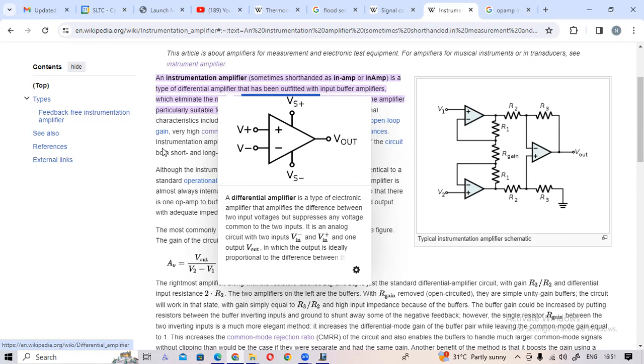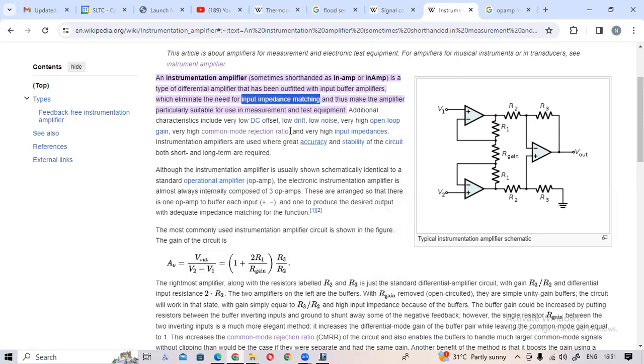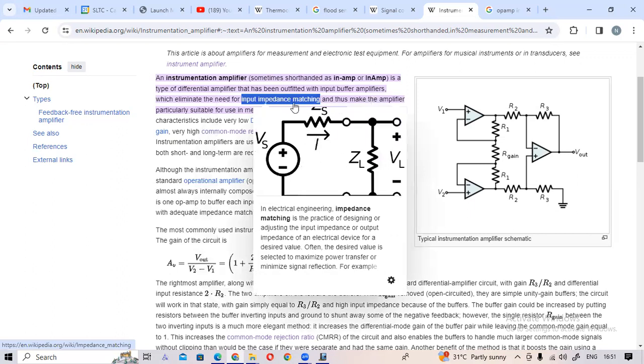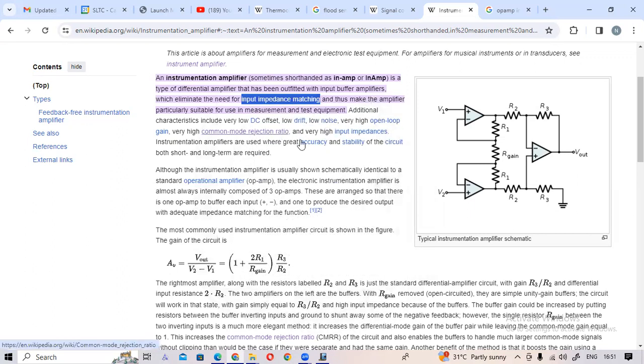So that is a differential amplifier. Actually, an op amp is a differential amplifier. So for a transistor also, this input impedance matching we can do, without adding any additional impedance matching circuit.